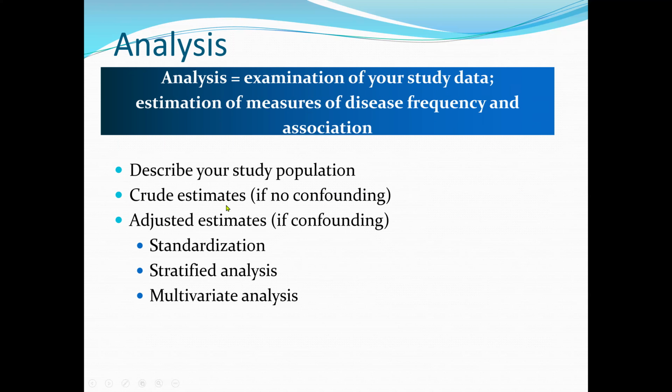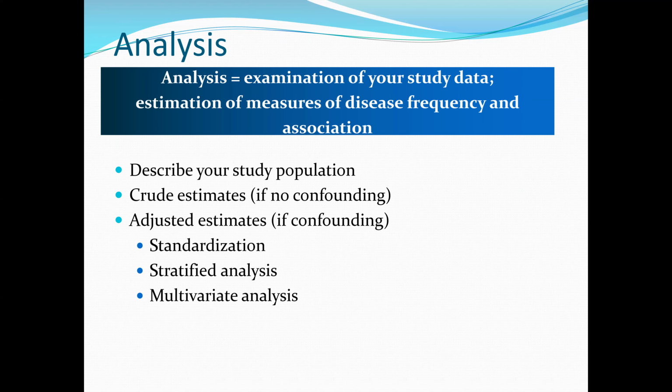A crude estimate means we are using the whole data as one unit, and we analyze it. Okay, there's a relationship between age and disease A, or there's a relationship between gender and disease A or disease B. Here we take the data and we analyze it once.